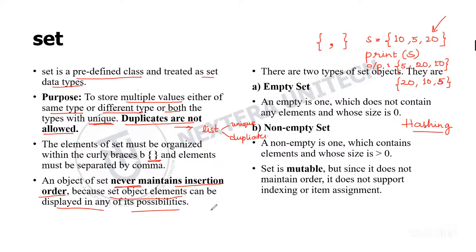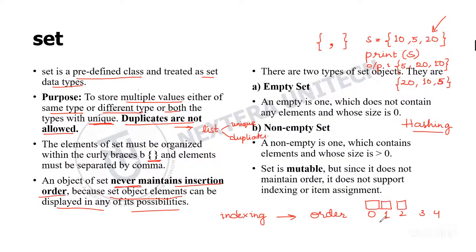So can we do indexing in a set? No, we cannot do indexing in a set because indexing requires order, right? Indexing is nothing but giving values from 0 to length minus 1, like 0, 1, 2, 3, 4. So 0 belongs to some element and 1 to some other element.